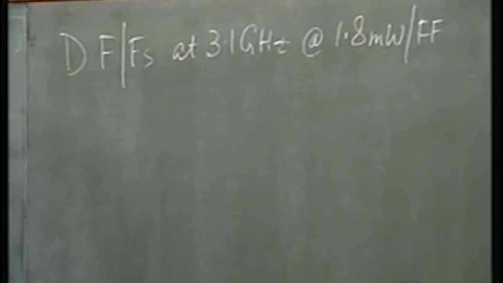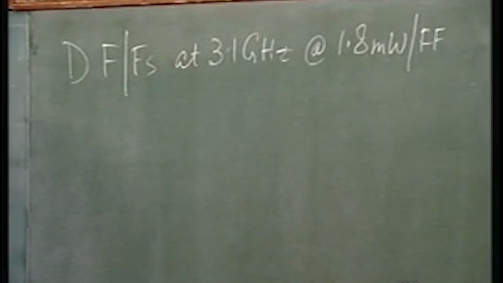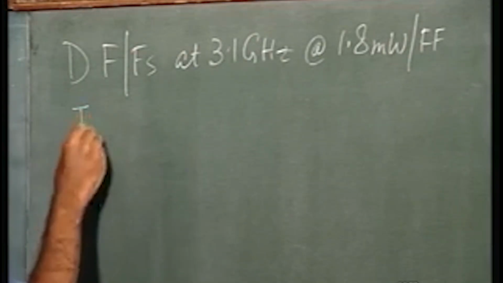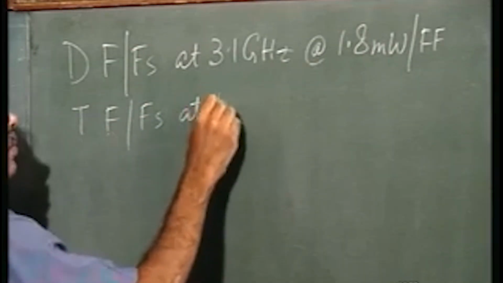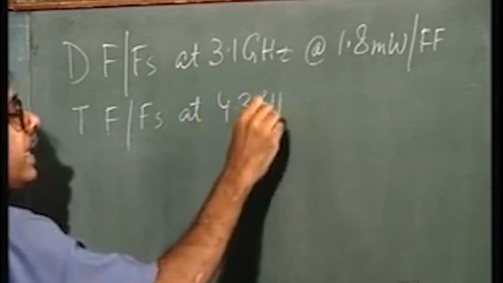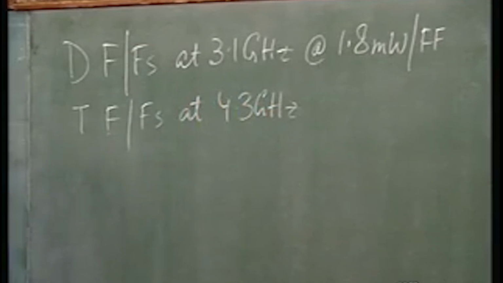So, that is the level of power, only 1.8 milliwatt per flip flop. And also they have fabricated T flip flops operating at 4.3 gigahertz, and they claim that this is the lowest power dissipation for any gigahertz family.